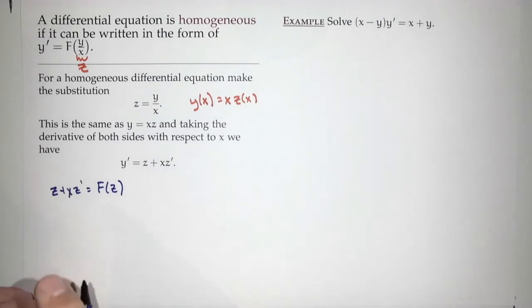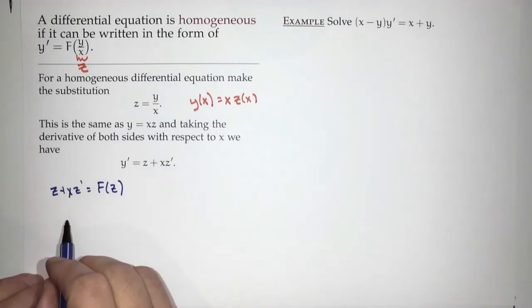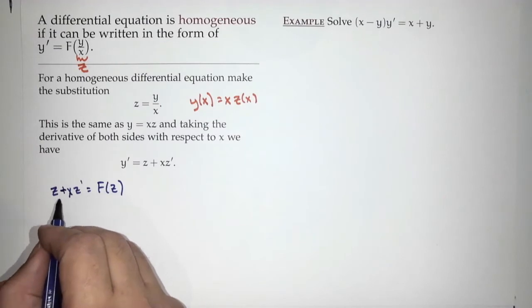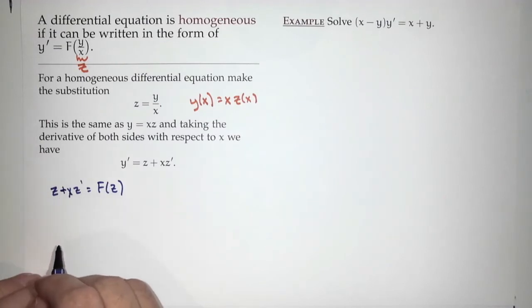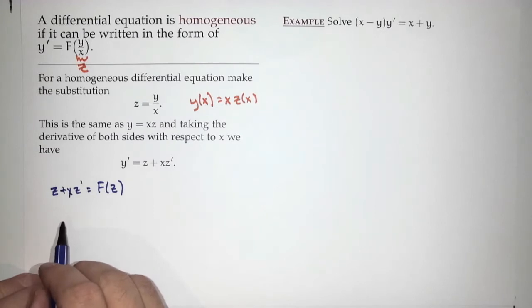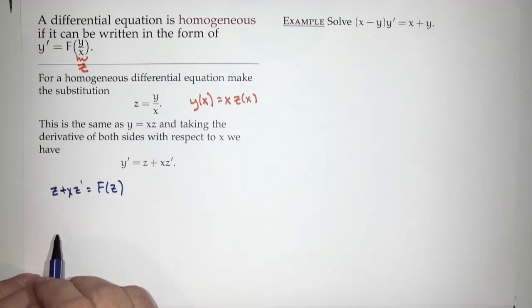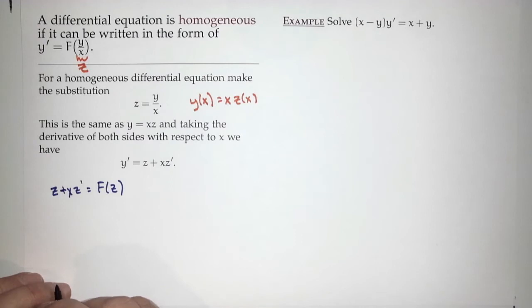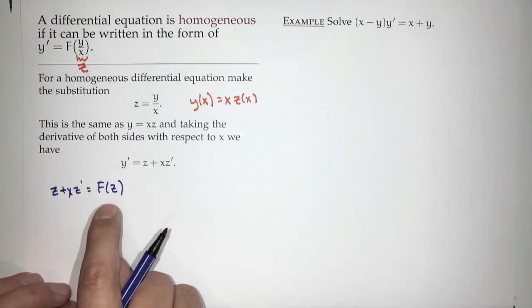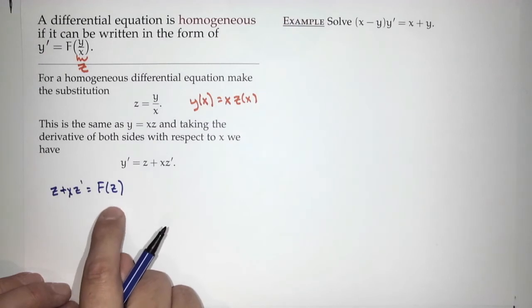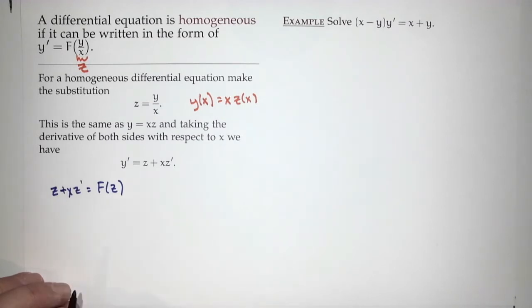Just far enough to say, is this nice? So what can we do to say, yes, this is nice? Is it linear first order? Depends on what this is. If this is a constant, yeah, it's linear first order. If it's not, not so much. You've got to be careful.